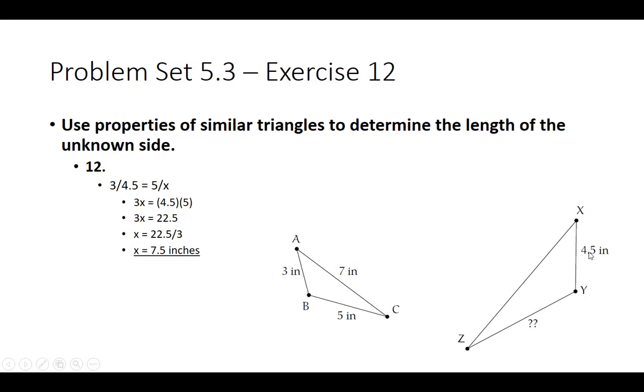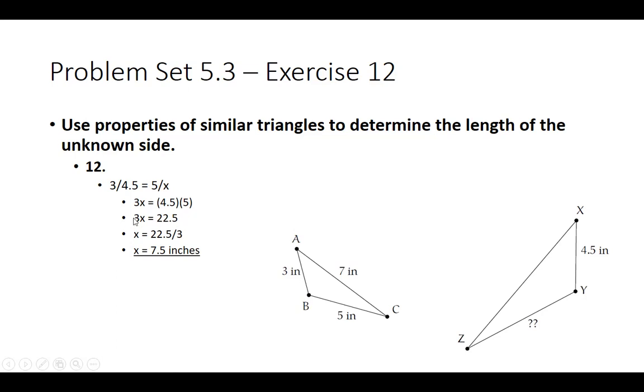So 3 is to 4.5 as 5 is to unknown. That's the proportion that we set up. Cross multiplying, 3 times x equals 4.5 times 5. 3x then equals 22.5.